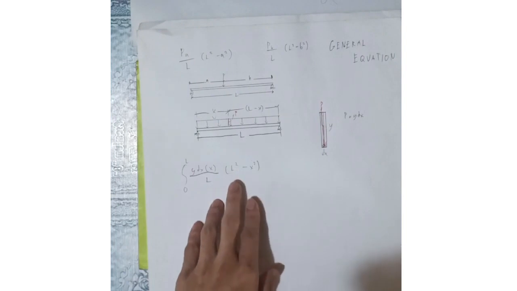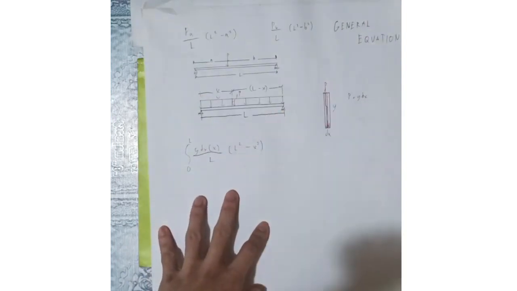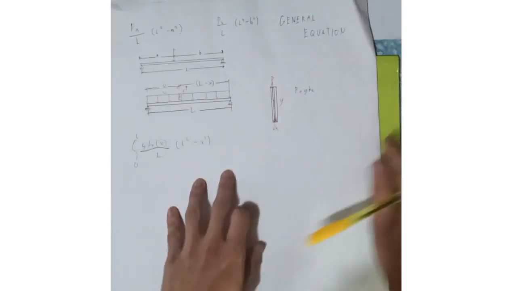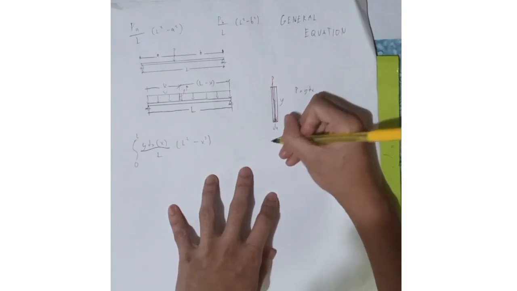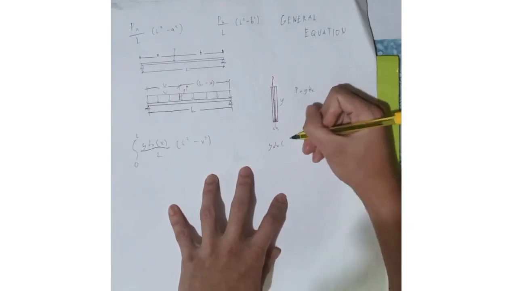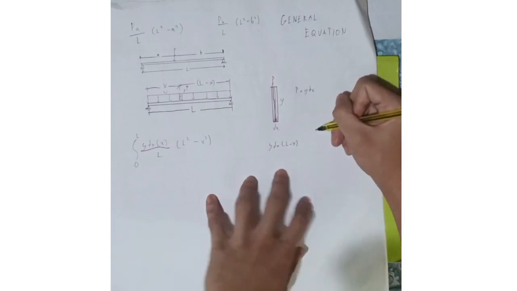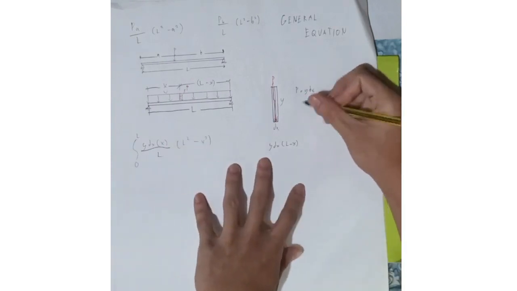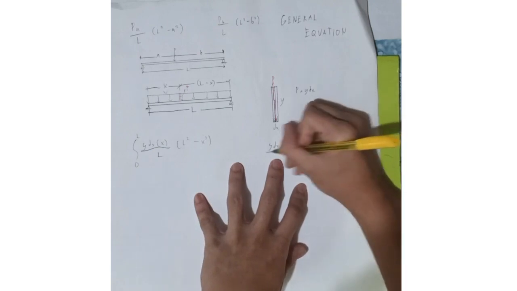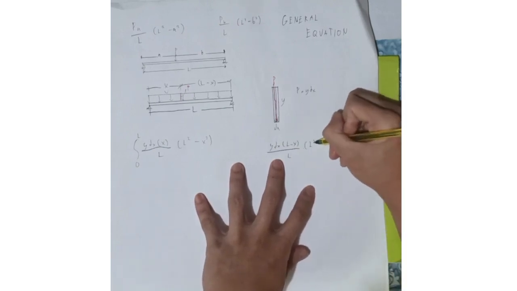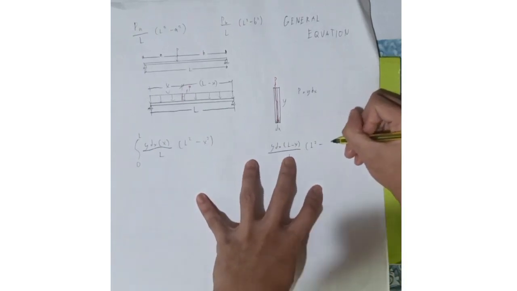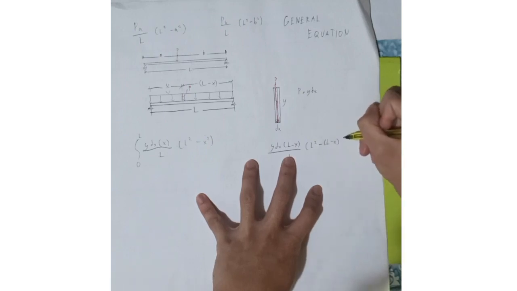On the B side, it is y dx times B, which is L minus x over L times L squared minus L minus x squared.